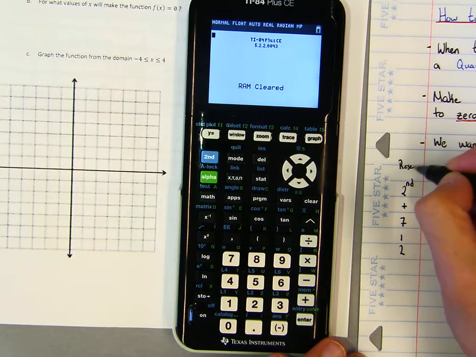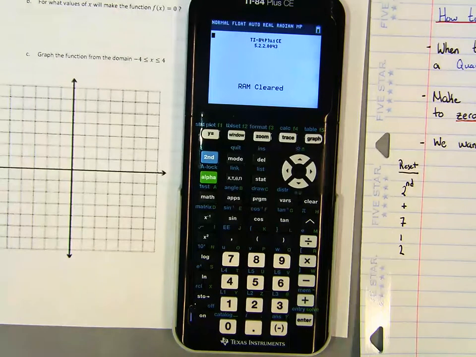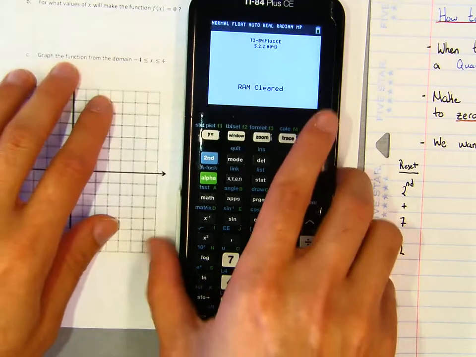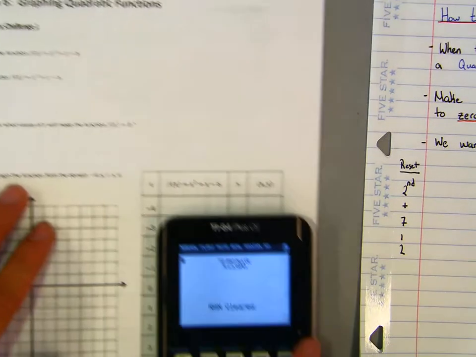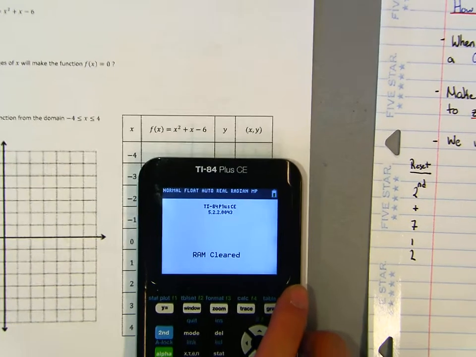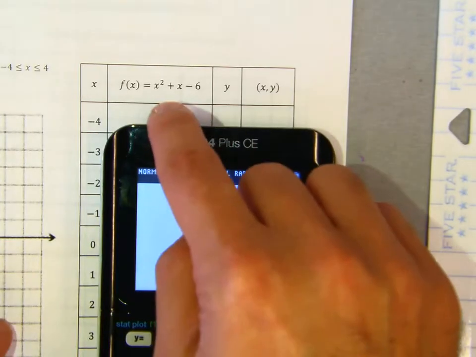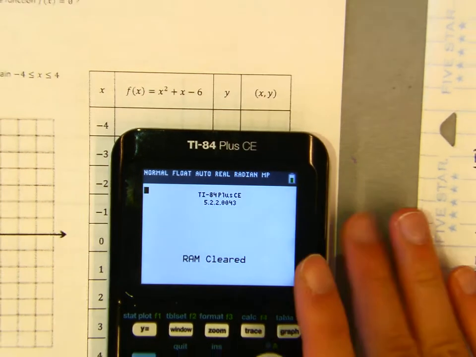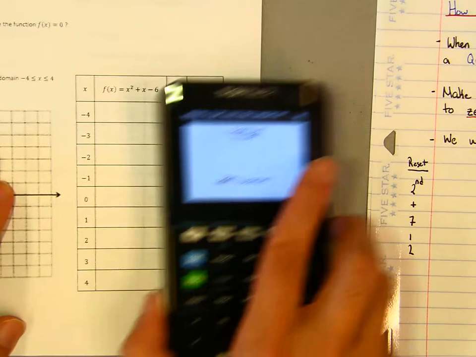Now that the calculator is reset, where do we go to plug in the function? The function we're going to use is x squared plus x minus 6, right? We want to put it into the calculator. So where do you go? You go to y equals, and let me zoom out a little bit so you can see.